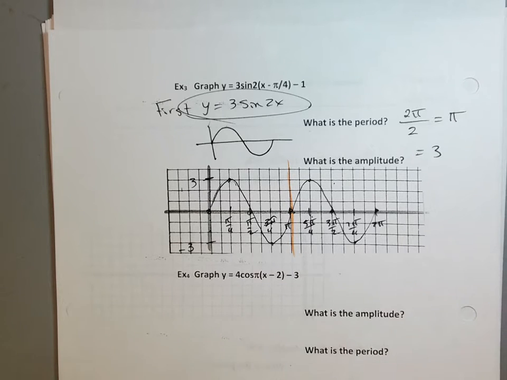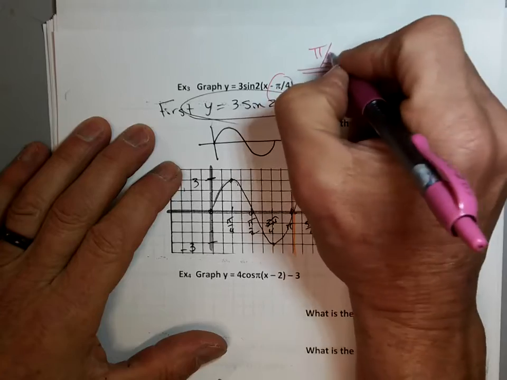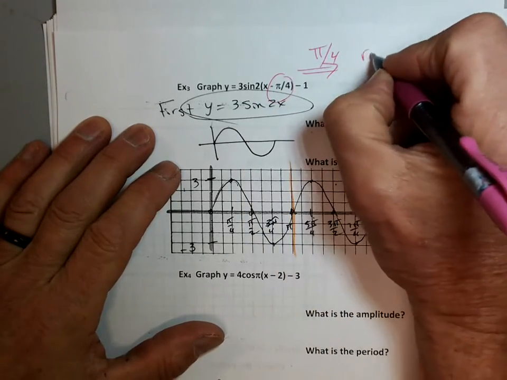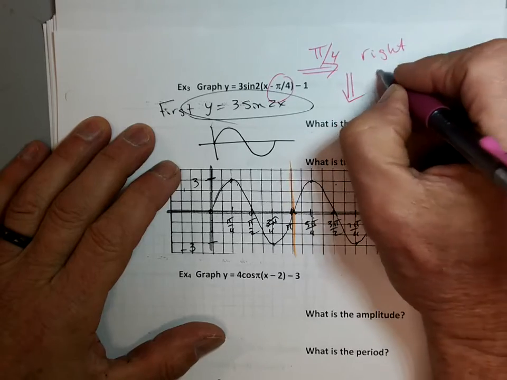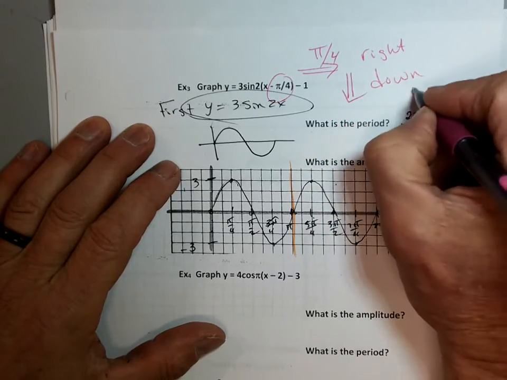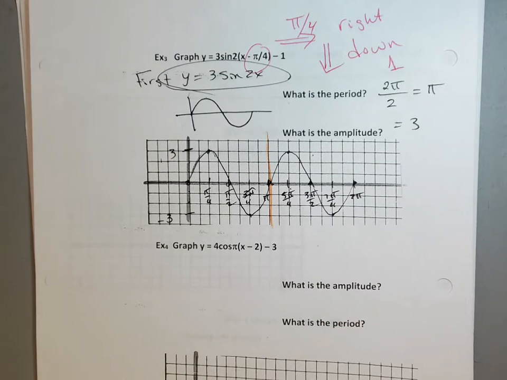Now, after I put the basic shape in, we're going to move it, okay? So we're going to move this thing. We're going to move it pi fourth forward, pi fourth to the right, and then we're going to move it down 1. Okay? So if I do that, all I'm going to do is take every important point and move it pi fourth.